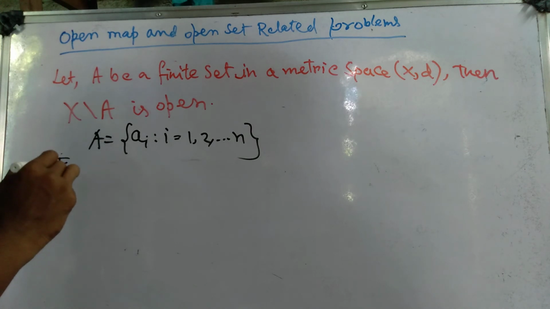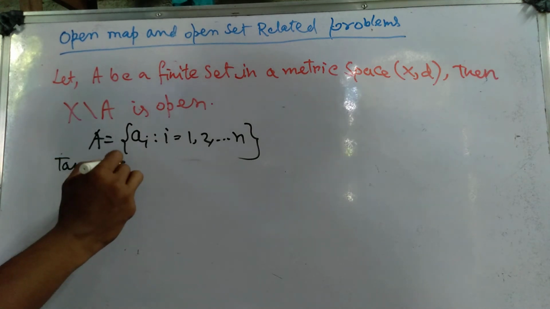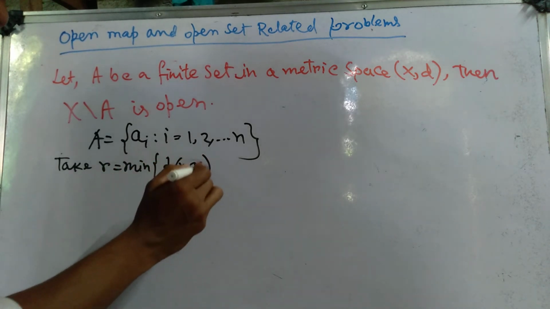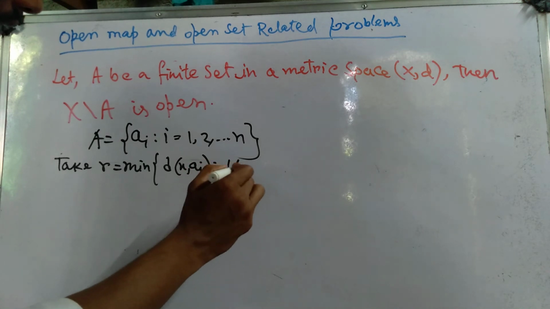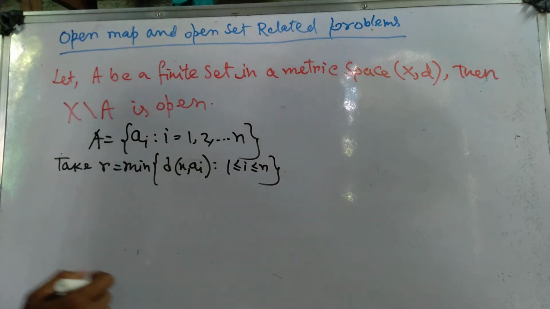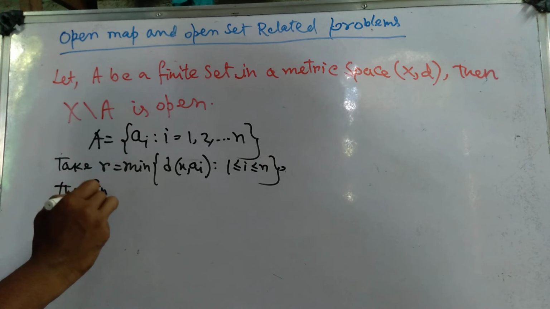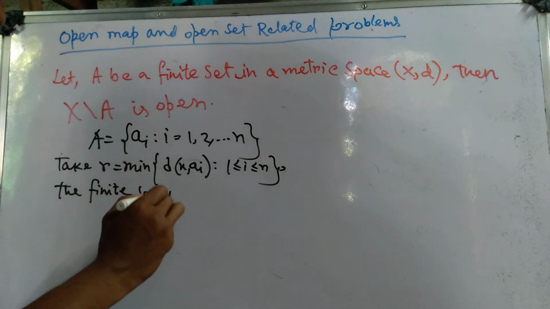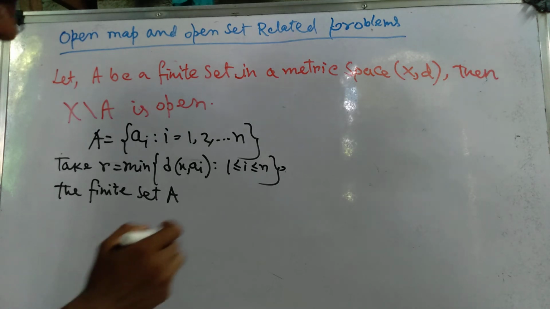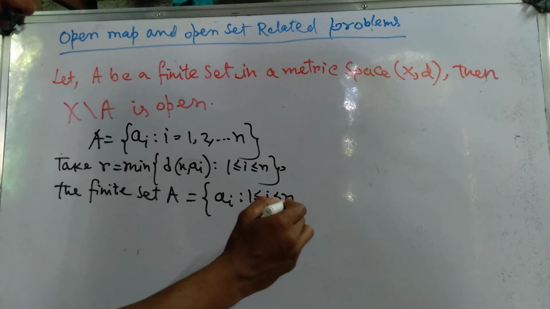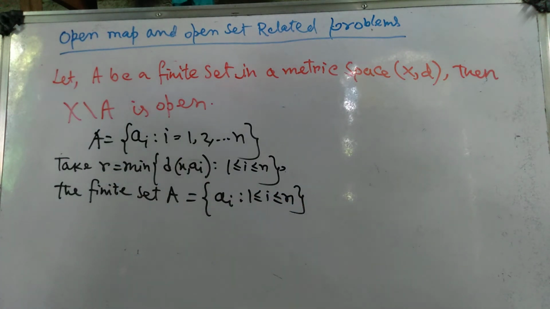Then take r equal to the minimum of d(x, a_i), 1 less than or equal to i less than or equal to n, where the finite set A equals {a_i : 1 less than or equal to i less than or equal to n}.